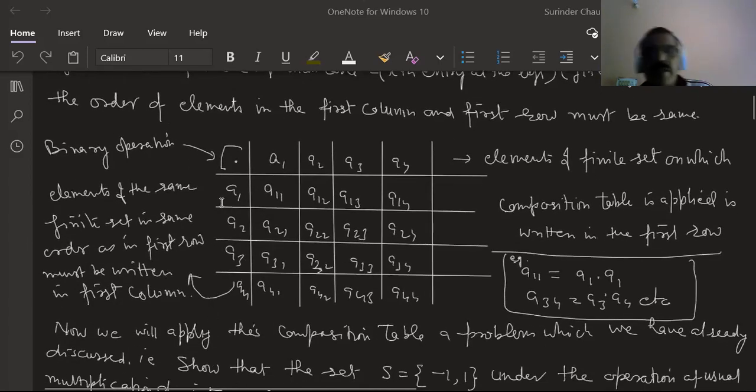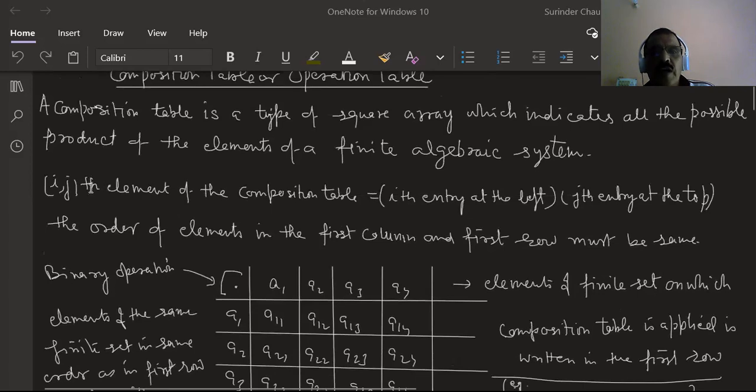Now we'll multiply them. A1 with A1, we get A11. The A11 element of the composition table is the product of the first entry at the left and the first entry at the top.